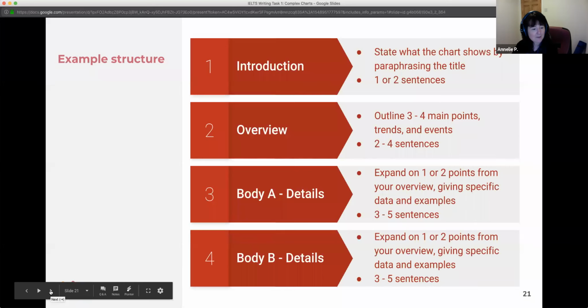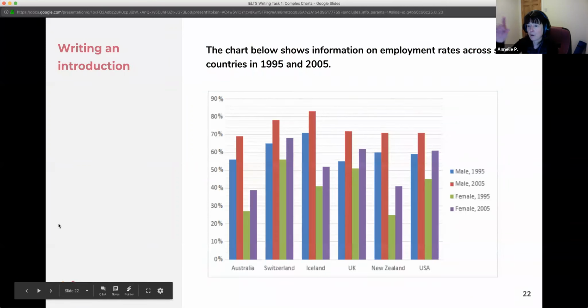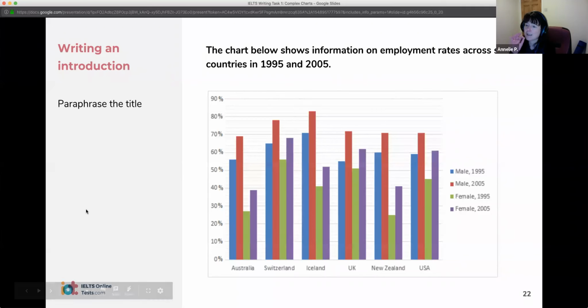so let's have a look at what we do now. So now what we're going to do is look at each part in turn. Okay, so first of all, the introduction. Okay. So as somebody was saying, quite a few people said, we don't want to use the same words as the question, so we want to paraphrase the title.